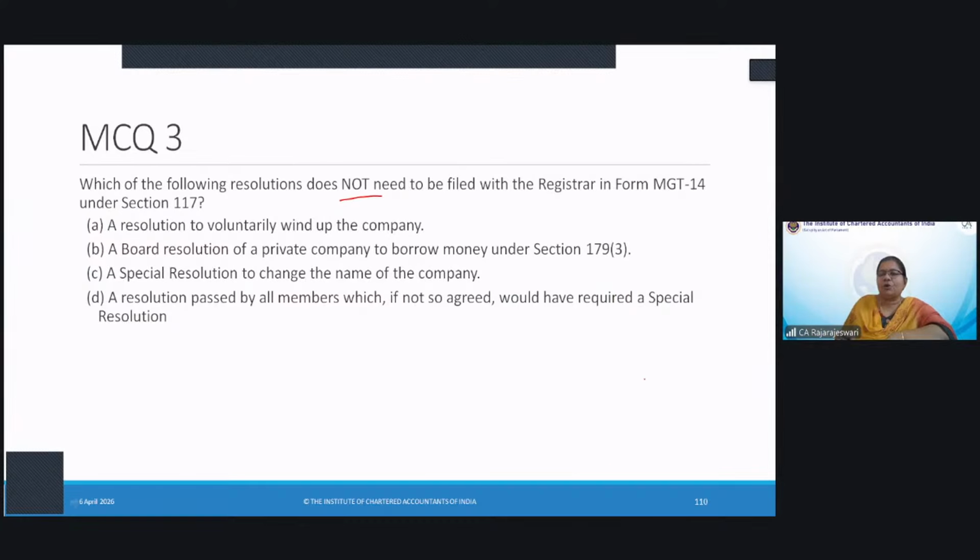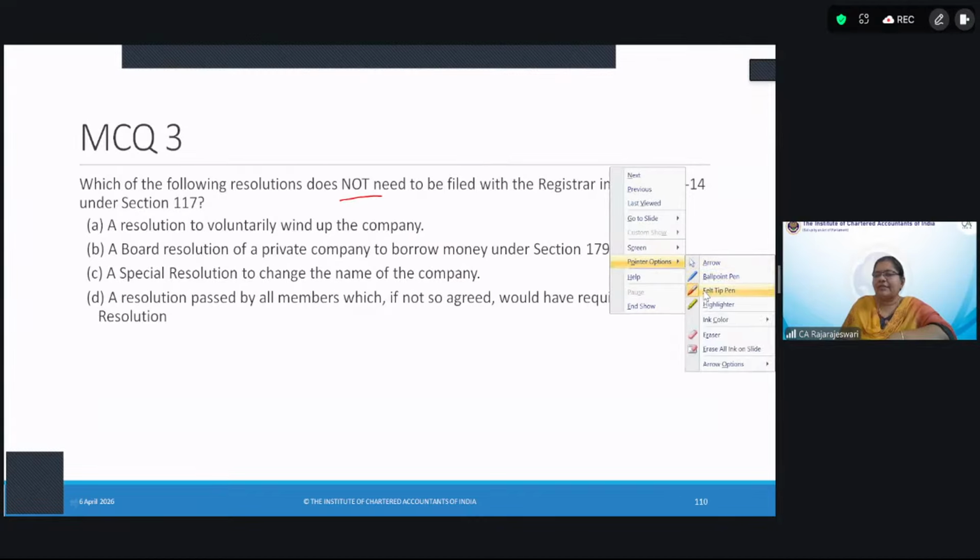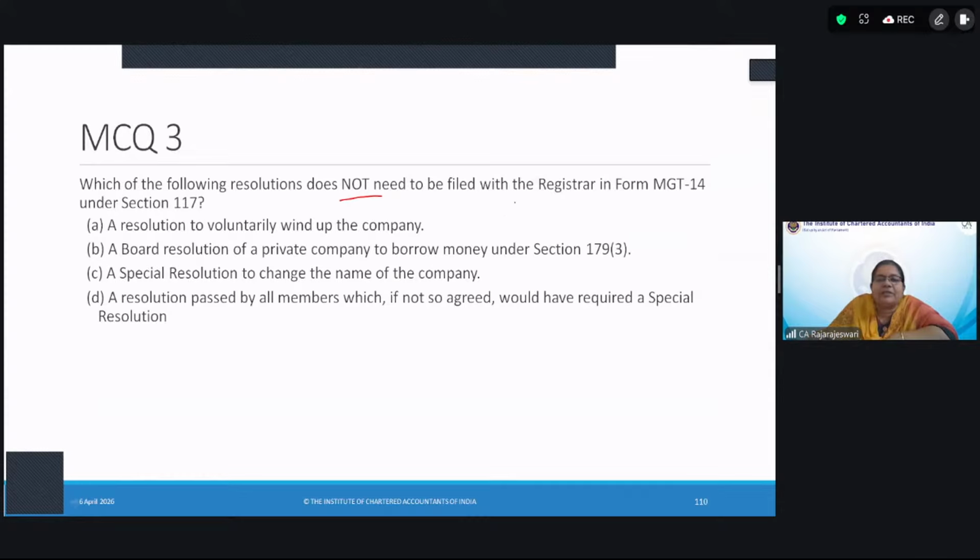So a resolution to voluntarily wind up the company requires a special resolution, right? So when it requires a special resolution, then automatically you have to file. See, for any company, if it is a special resolution or a special business, then definitely you have to file.